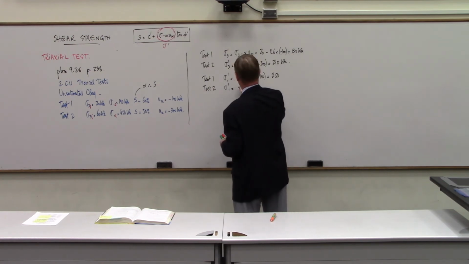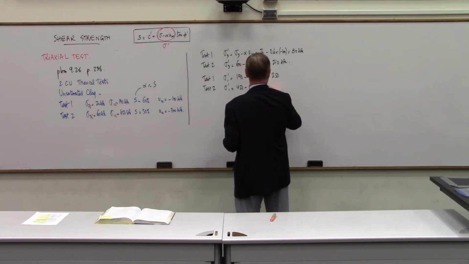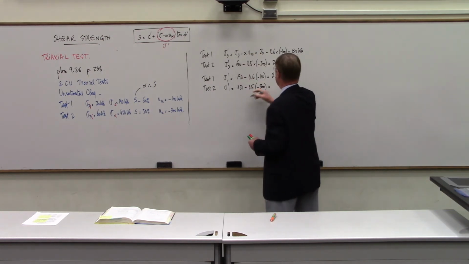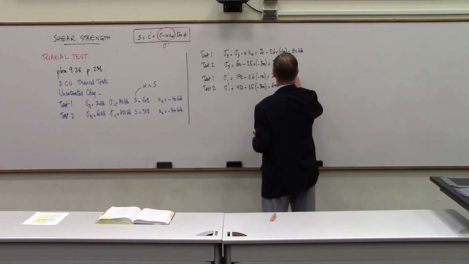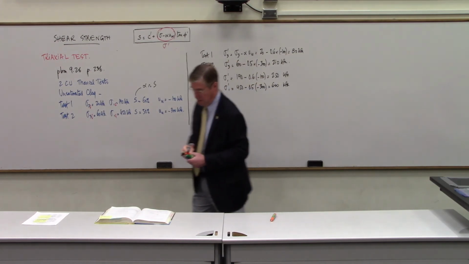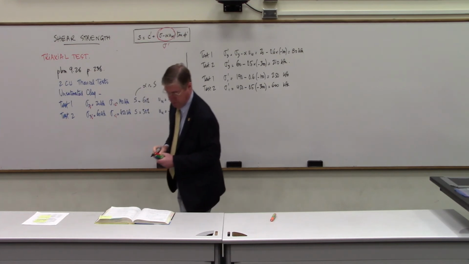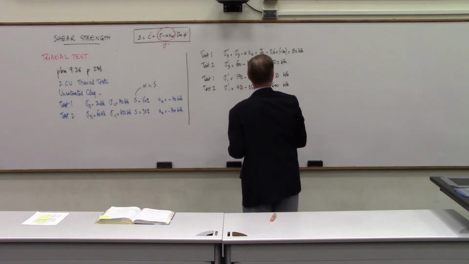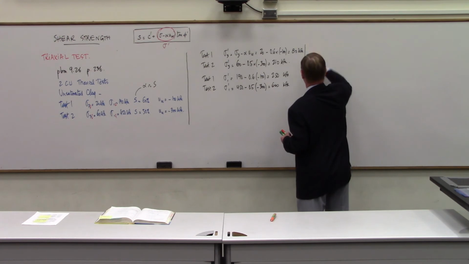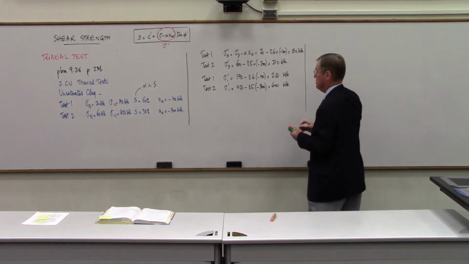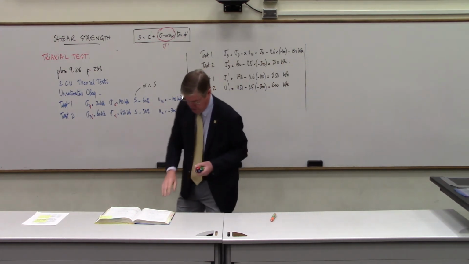And then here I got 450 minus 0.5 times minus 300 equal, that's 150, that's 600. Okay, so I got 250 and 600, and so does the book. That's good. So now we have the results of these stresses at failure.